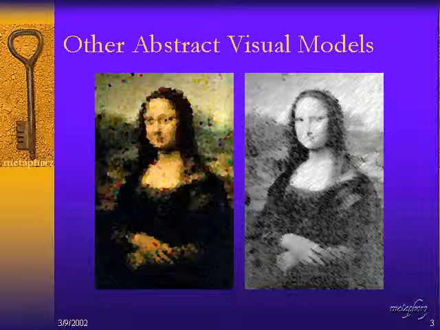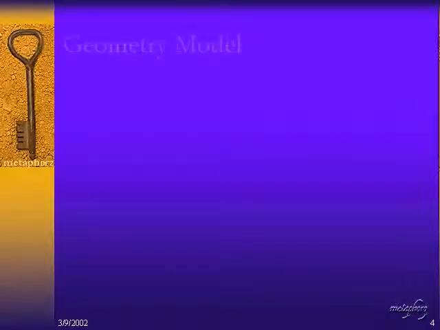Ultimately, if we were to continue running filters, we would end up having pieces of art that are reminiscent of the De Stijl movement and the Cubist movements in art, those kinds of things. So that's a visual model.